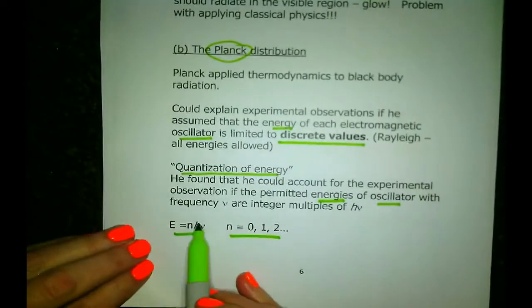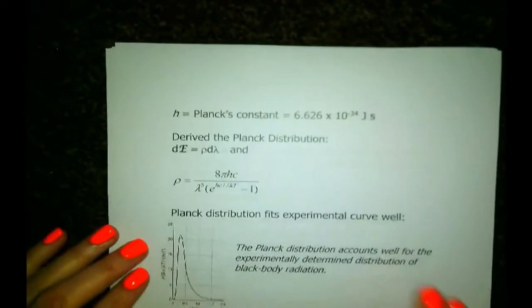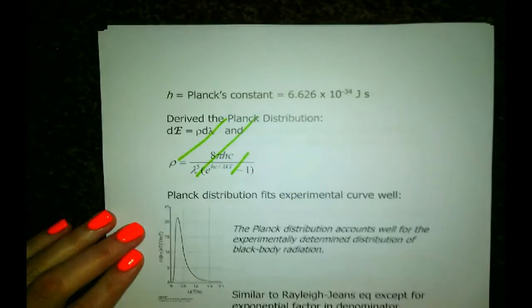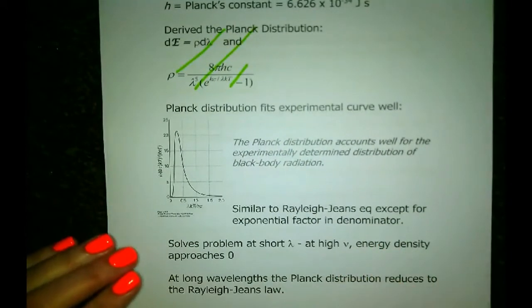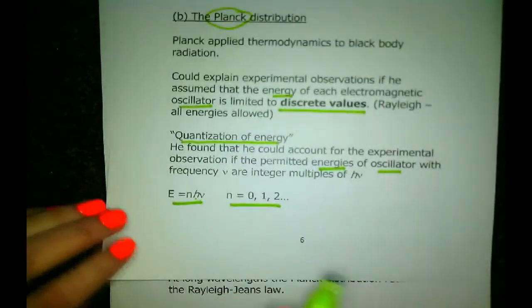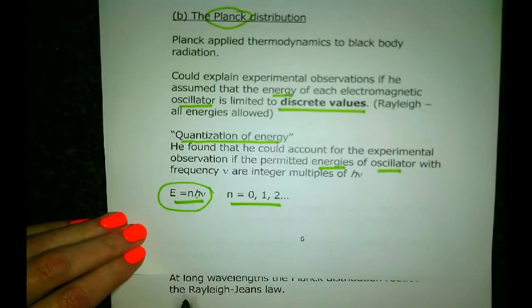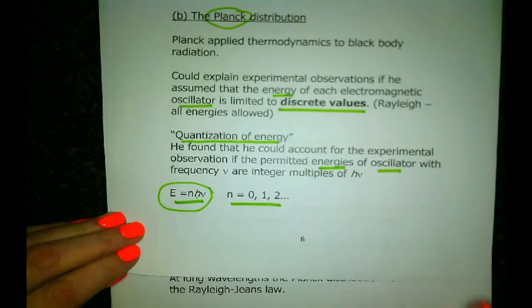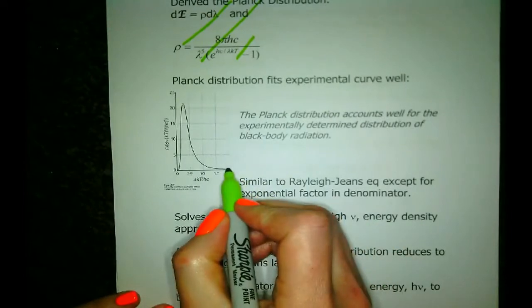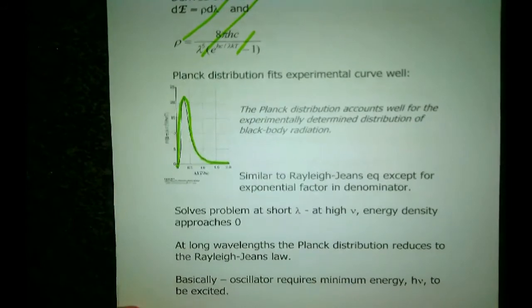Now, this symbol h in this equation is known as Planck's constant. Again, you don't have to know the specific equation, but in this case, if he only allows the energies to be equal to those specific values and not any energy, like Rayleigh assumed, the story looks much better, and this is the shape that his equation then predicts.